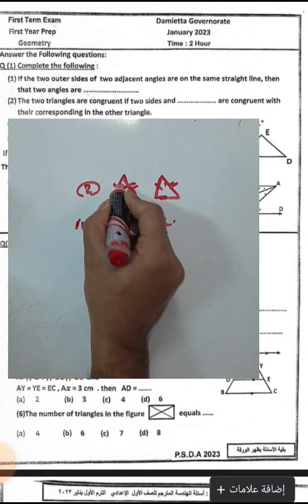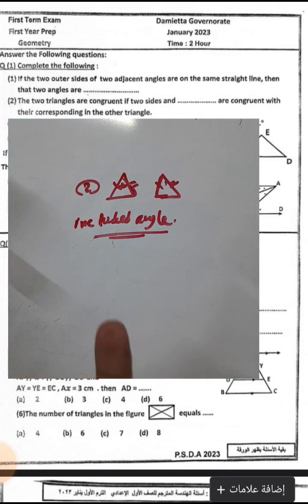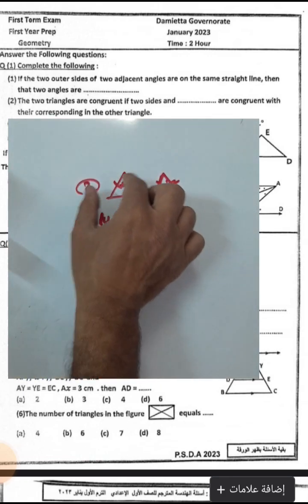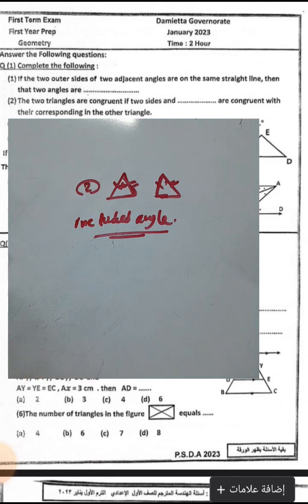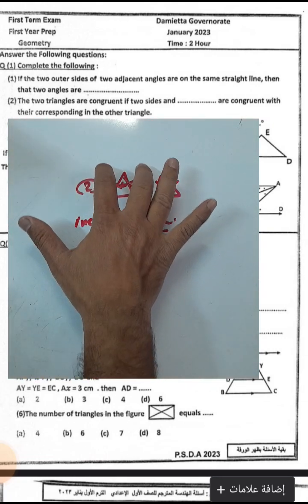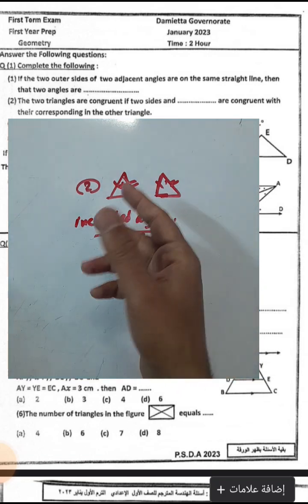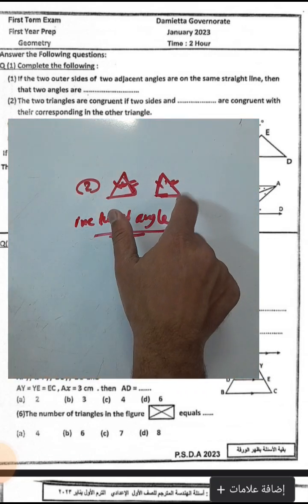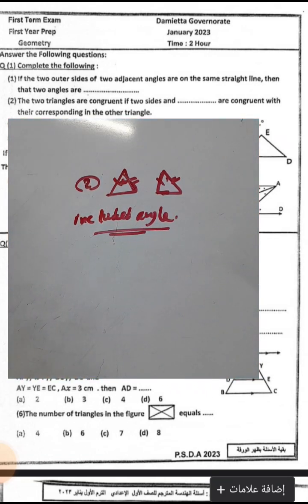Included angle means we have one angle between two straight lines, or two sides, and those two sides are equal in length to the corresponding sides in the other triangle. Then the two triangles are congruent. That was question number 2.